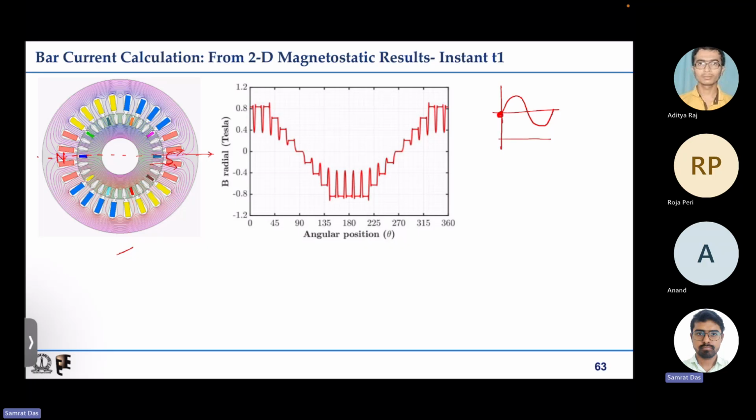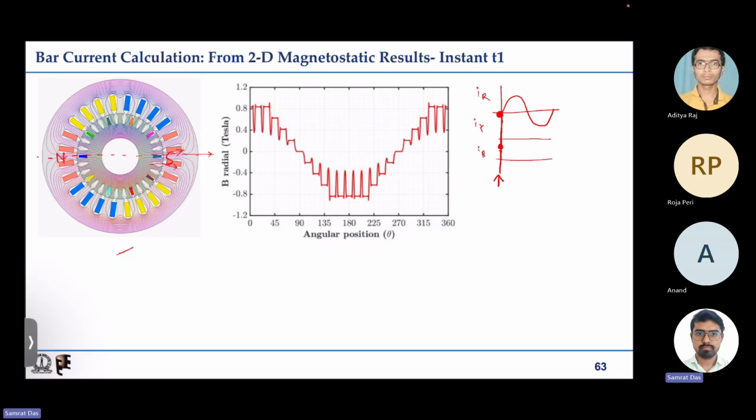If I plot the other phase currents also, IR, IY and IB, which are phase shifted three phase sinusoidal currents, then at a given instant we know the corresponding IR current, IY will be some negative current, and IB will be the same positive current. If we know the currents at a given instant, we can inject them in magnetostatic simulation and get this type of field plot where flux lines are plotted.